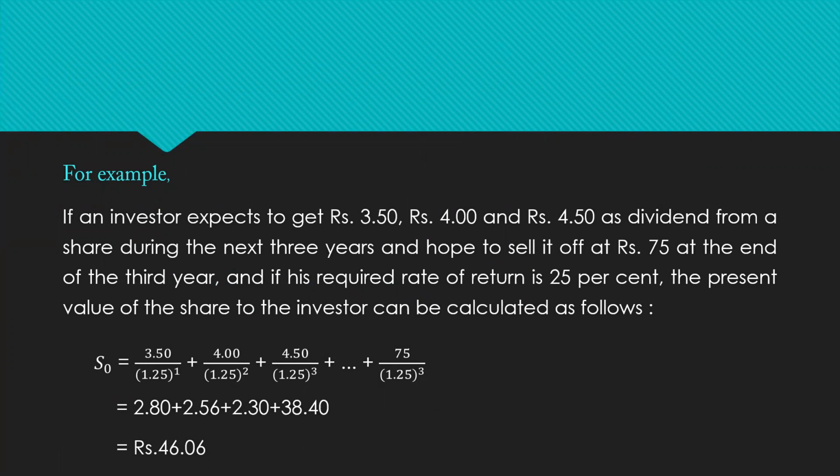You have also been given your S1 value, which is 75. And if his required rate of return is 25%, which is the K value. The present value of the share to the investor can be calculated using the formula explained in the previous slide. Just substitute all the values in the variables. So the answer is 46.06. That is the present value of the security.